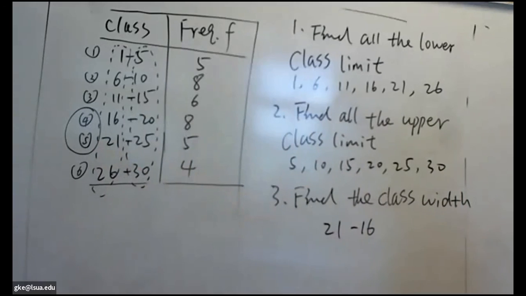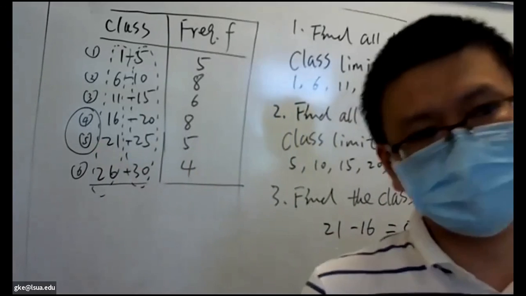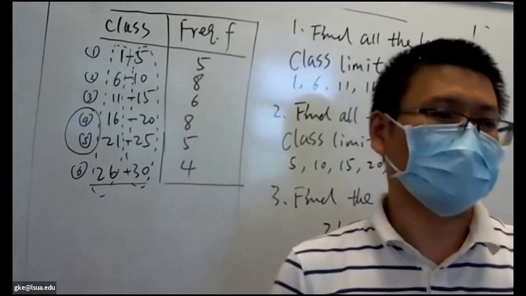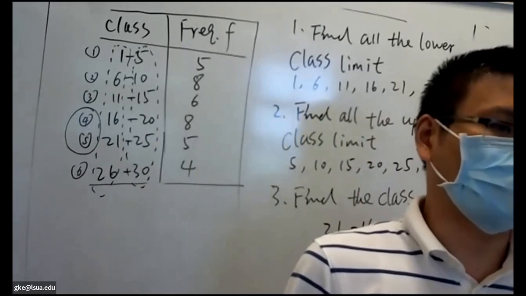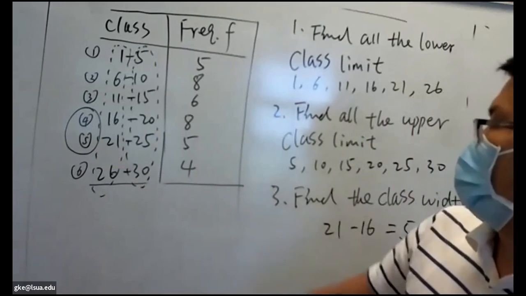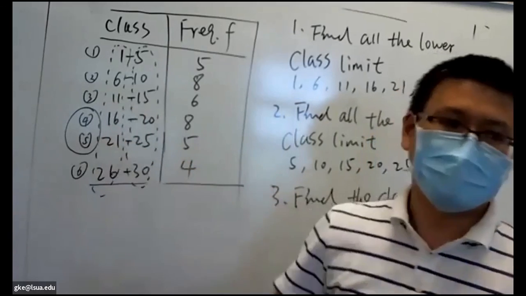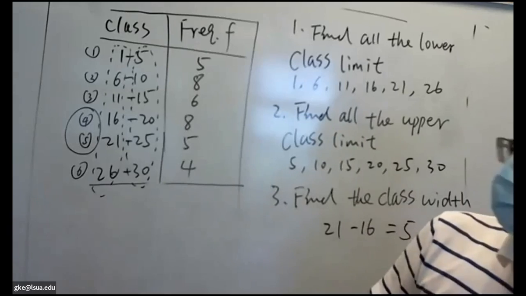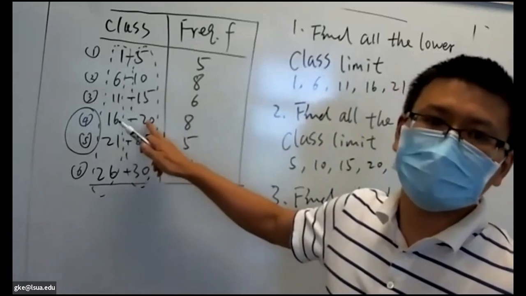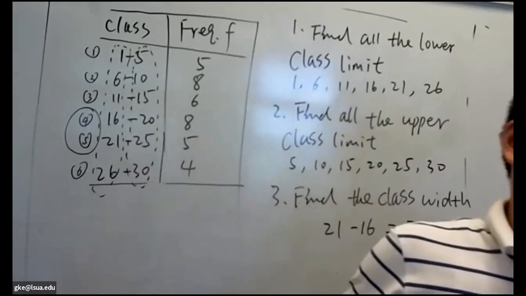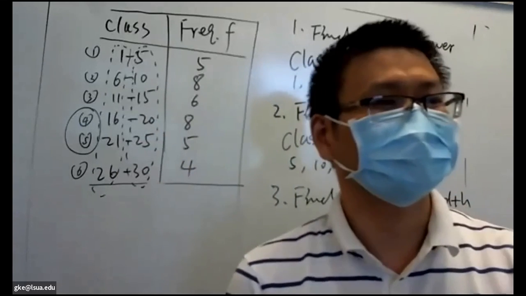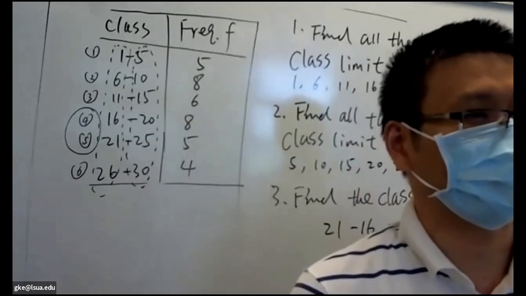Subtraction, we're gonna get 5. That's it. Just randomly pick 2 consecutive classes, and if you focus on the lower class limit, it's gonna be 16 and 21. However, if you focus on the upper class limit, 25 subtract 20, it's gonna be still 5. So you randomly just pick 1. Okay, you're gonna get the same answer, right? Clear?